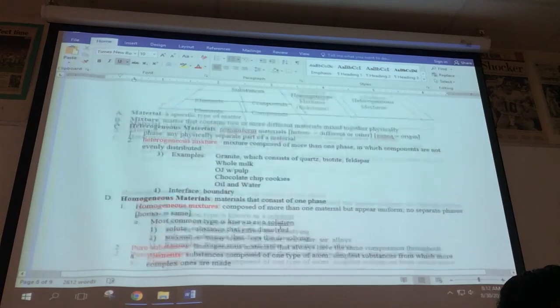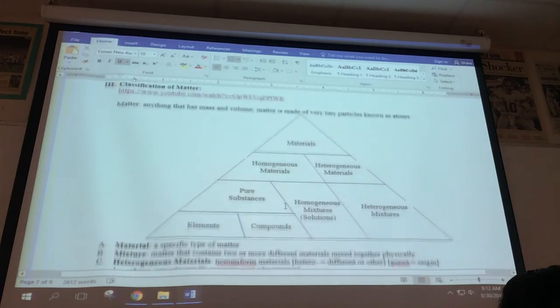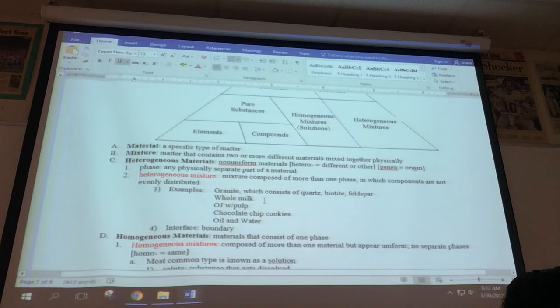So at this point, you want to have some understanding of classification and be able to identify some examples of each. The lab you're going to do on Friday goes into pure substances versus mixtures. So that will hopefully be further clarified there.